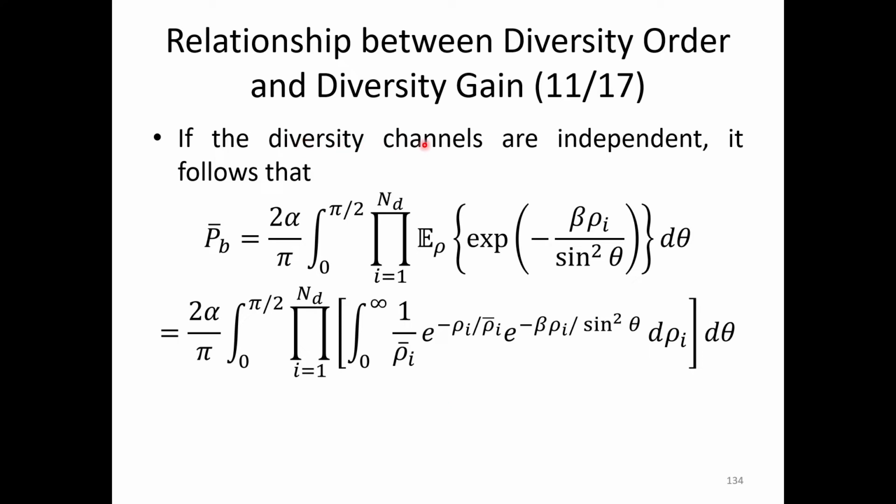If the diversity channels are independent, we can see that rho I, from I being equal to 1 to ND, where ND is the diversity order, are independent random variables.